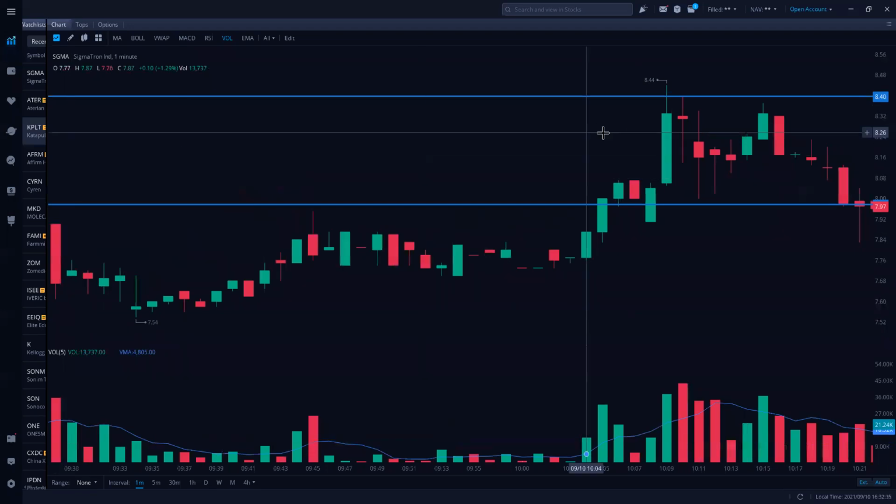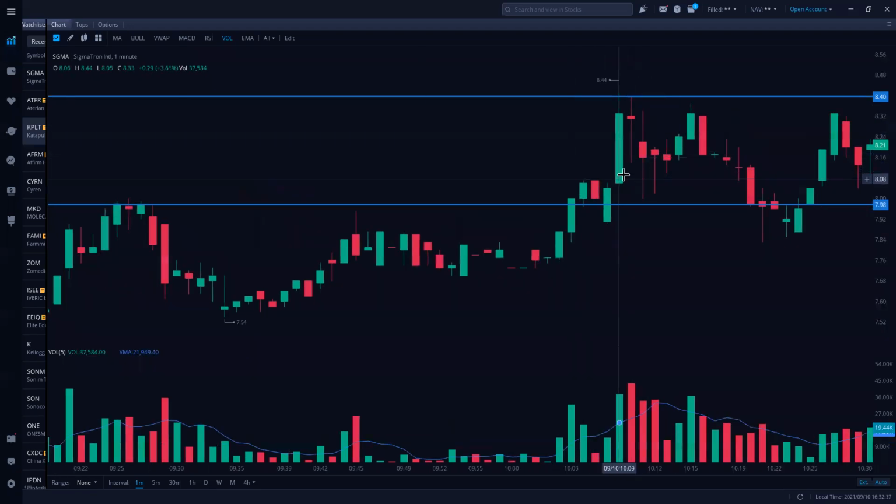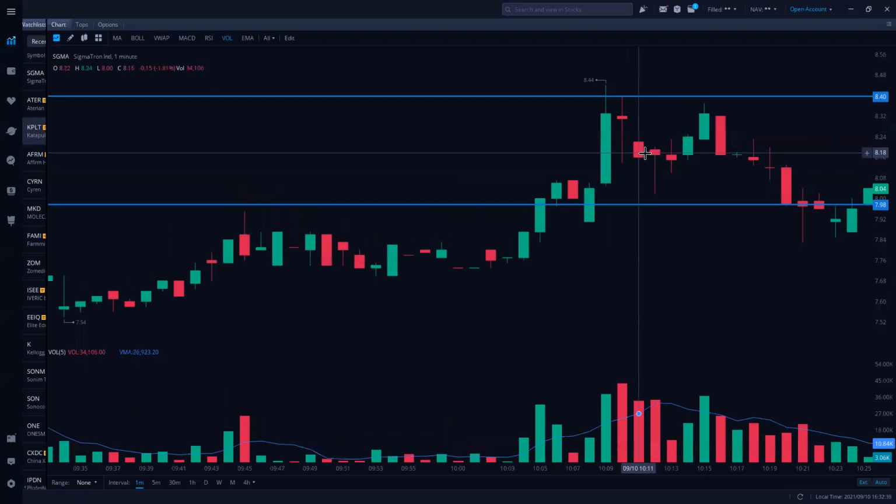Okay. So this wick right here, like I was saying, is showing you that buyers have control in this area, because when it came down to the $8 area, all the way from like 8.20, buyers brought it all the way back up. Second candle, same exact thing happened.